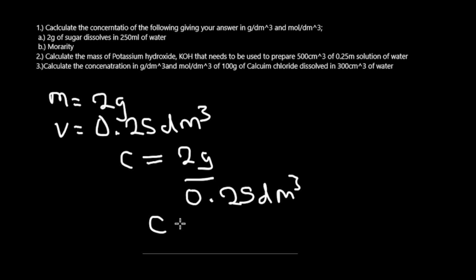So now our concentration will therefore be equal to, once we divide this, we simply get 8 grams per dm cubed. So that's the essence of concentration.